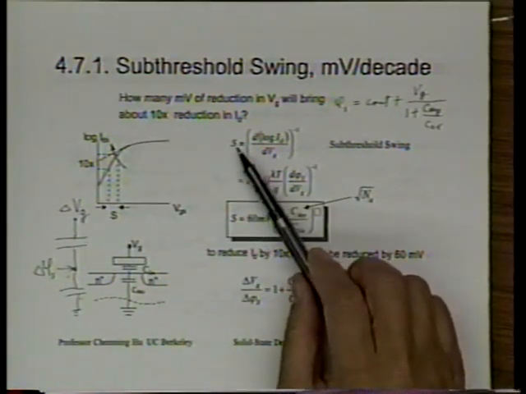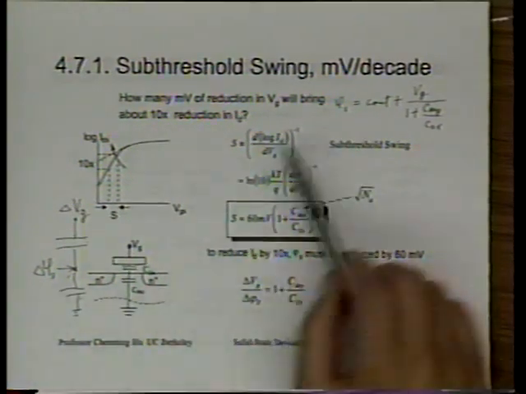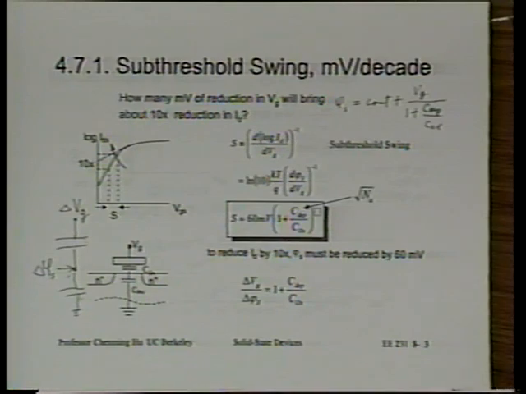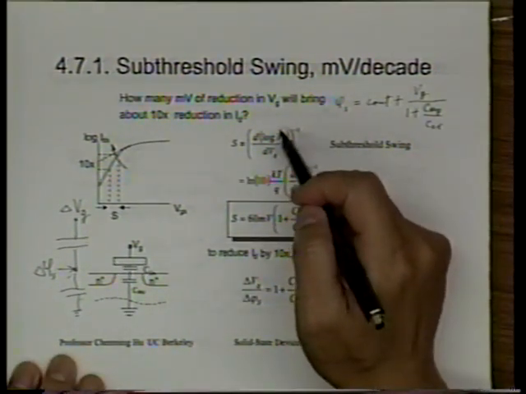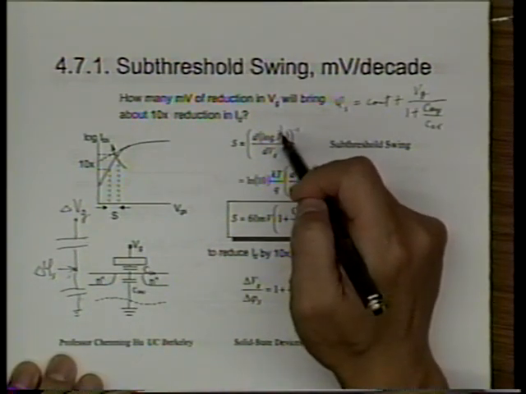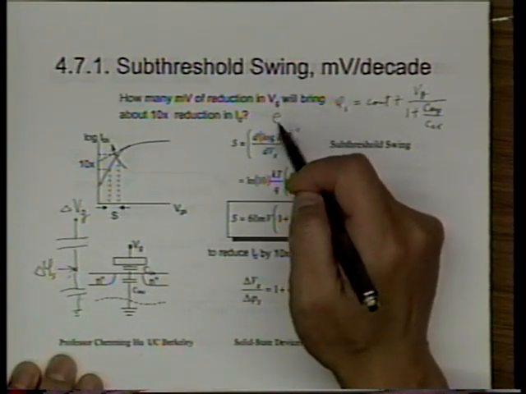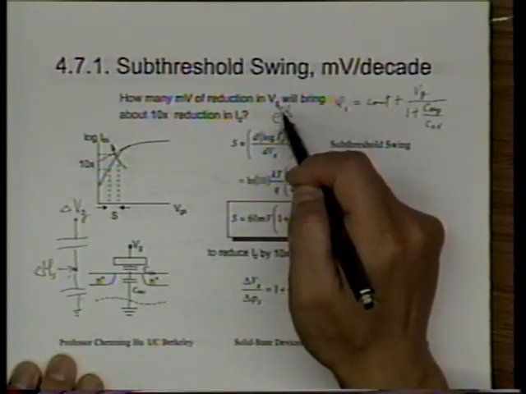So the swing mathematically can be shown as d log ID over dVg, take the inverse of that. Now, using the equation that we have from the previous slide, I will not show you again, but in the previous slide we know this is an exponential function of phi s. In fact, it's proportional to q phi s over kt.